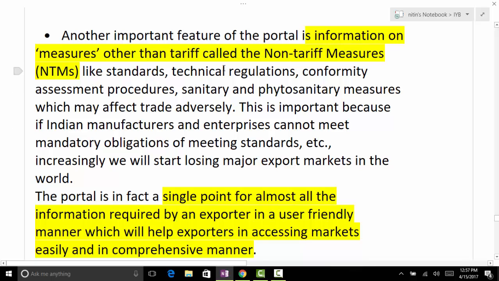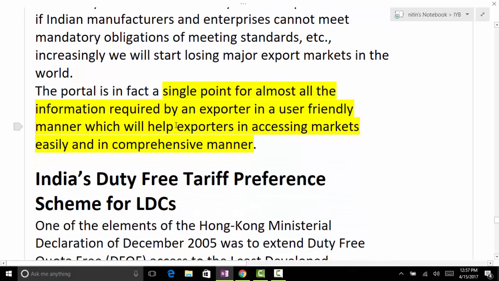Another feature, they say, is information on measures other than tariff, called non-tariff measures, like standards and technical regulations: what kind of standards they need to maintain, certain regulations if they want to trade with a particular country. It is a single point for almost all information required by an exporter in a user-friendly manner, which will help exporters in accessing markets easily and comprehensively.